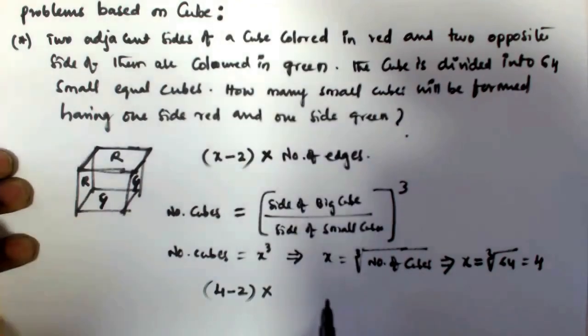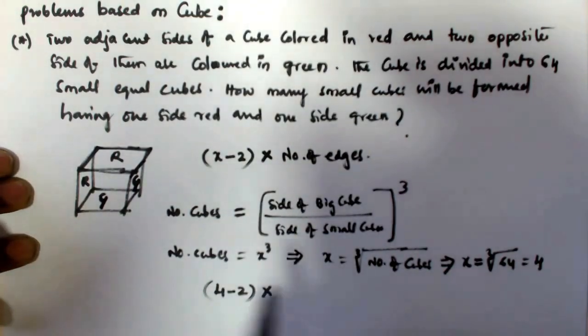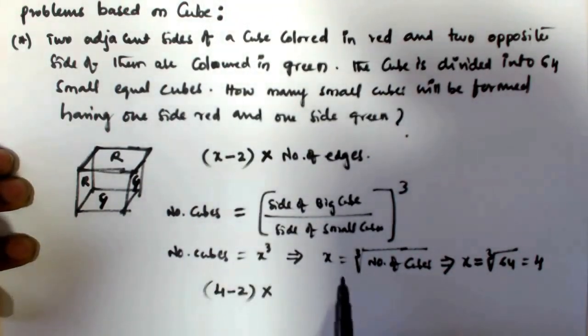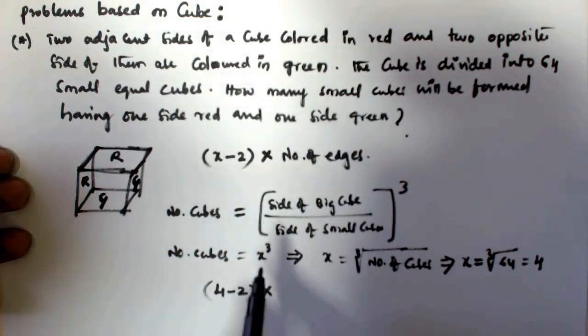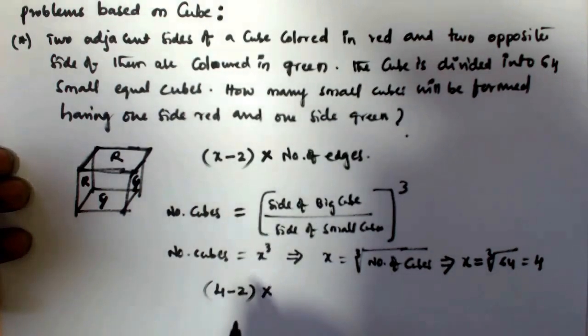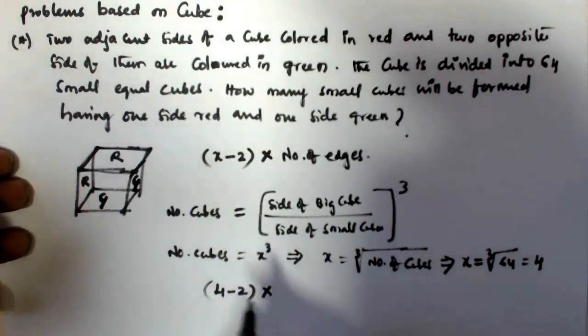So here the number of edges we have to take is where both the colors are actually combining, where both the colors are formed.